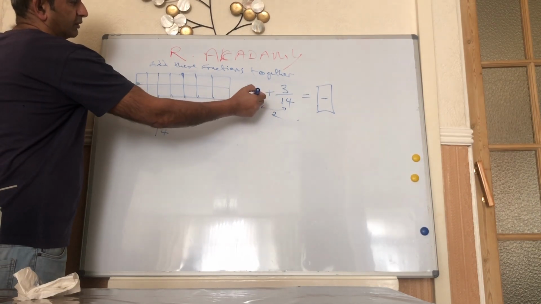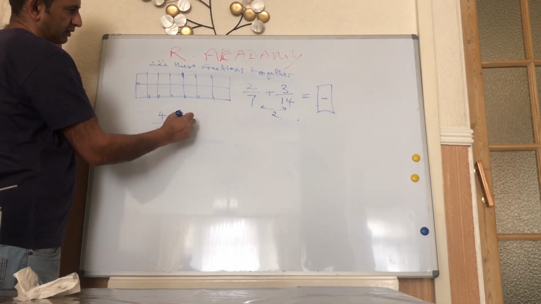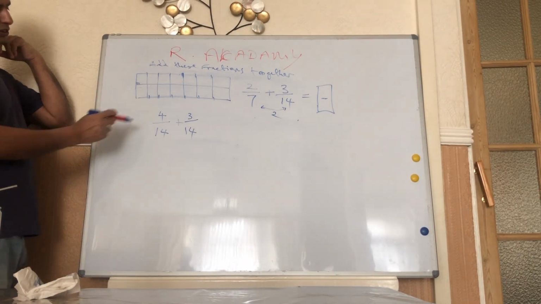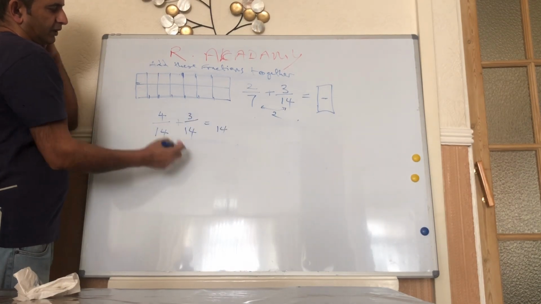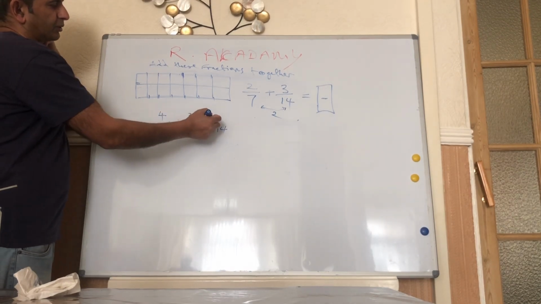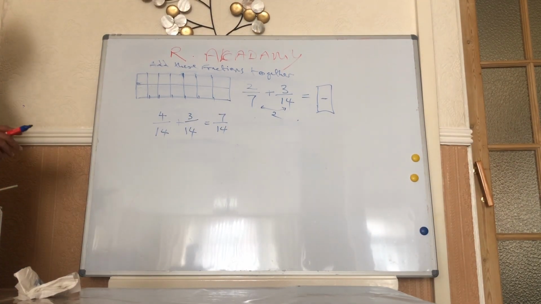Now this one becomes the same as that one. So plus 3 over 14. So 14 remains the same. And the 3 plus 4 equals 7. Okay?